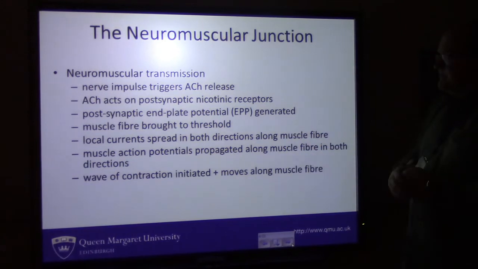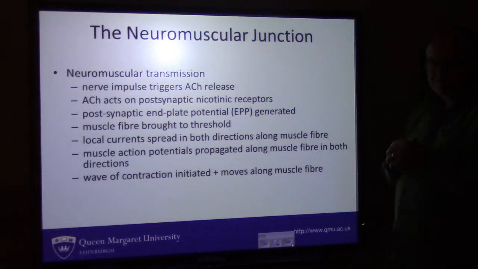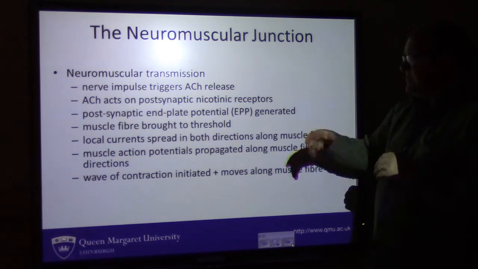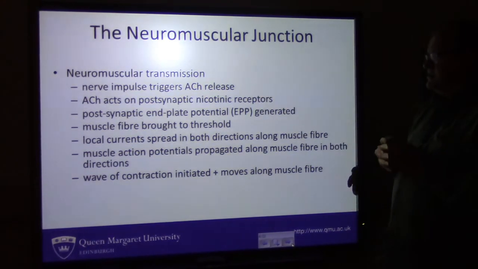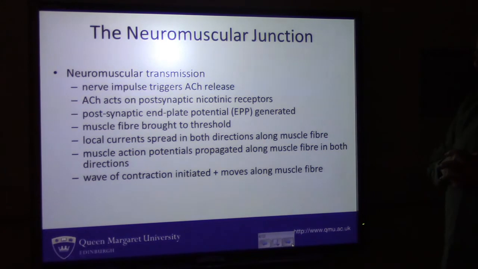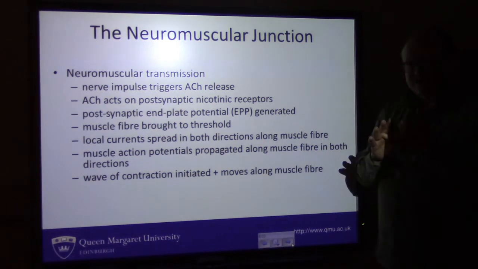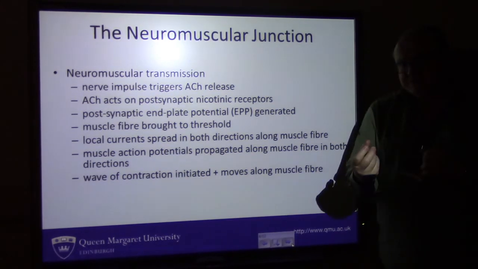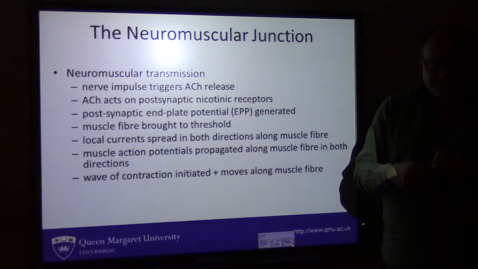Just a sequential set of facts here, just to talk us through that process again. Nerve impulse triggers acetylcholine release. Acetylcholine acts on the postsynaptic receptors. Now these receptors, two main classes of cholinergic receptor, muscarinic and nicotinic.